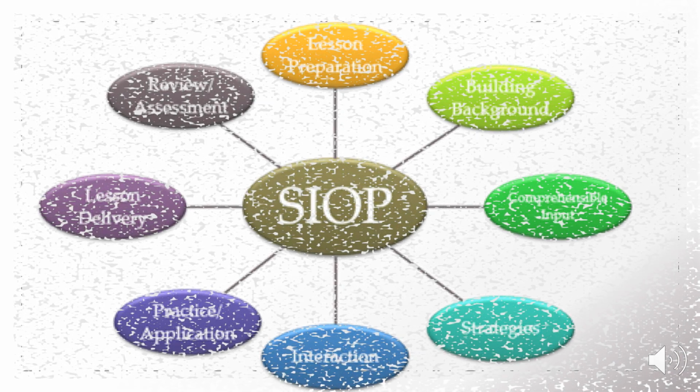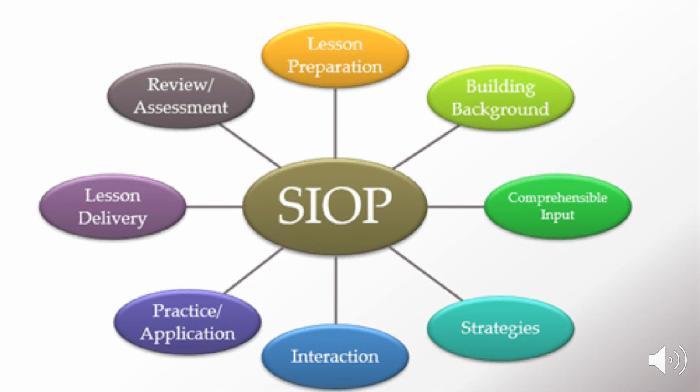Some articles that I read suggested sheltered instruction is best, or SIOP, which is Sheltered Instruction Observation Protocol. There are several steps in SIOP which teachers may take to allow for academic growth in students.